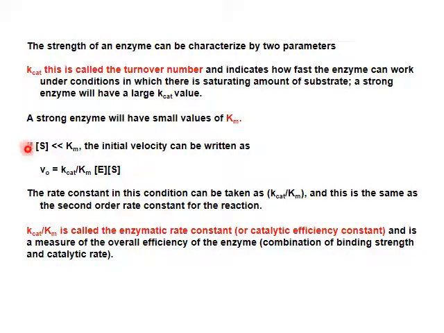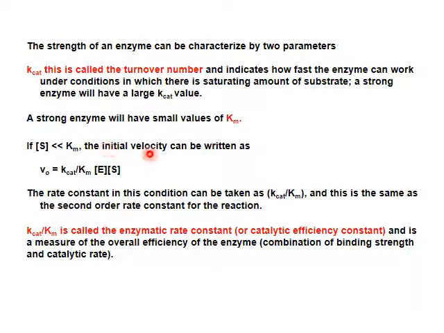Now we can also look at an enzyme catalyzed reaction in which substrate concentrations are very low. They're well below the Km. Remember, if they equal the Km, they're 1/2 Vmax. But let's go lower than that. Let's go to 1/100th of the Km, for example.